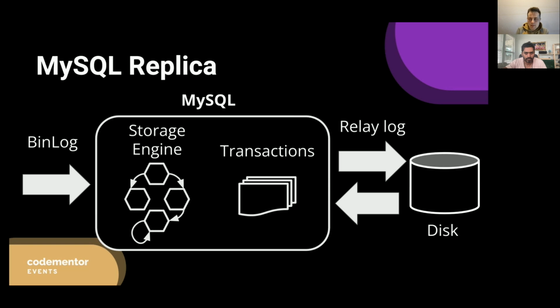This is done by the IO thread, a separate thread doing this particular thing. And the second replication thread, called the SQL thread, does the following. It reads relay logs from disk and applies transactions. It's enough to have replication working.